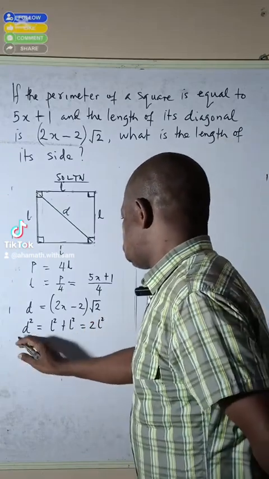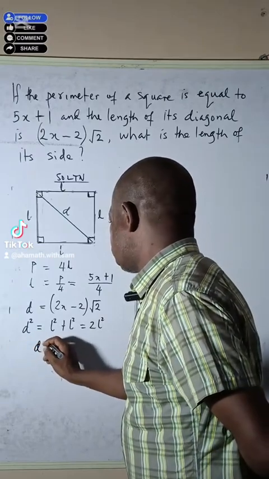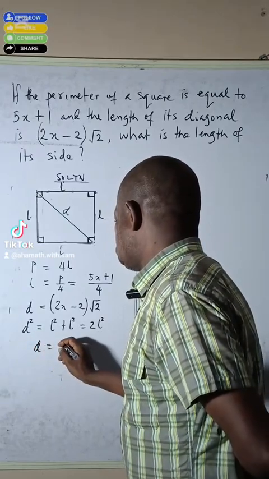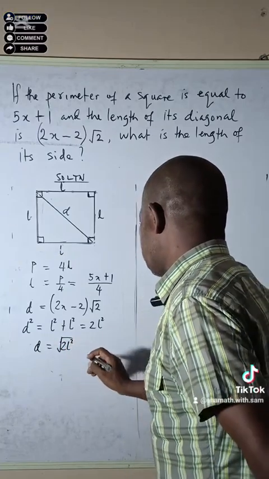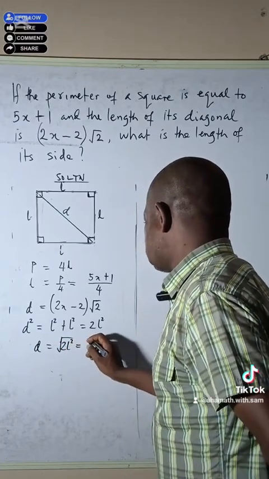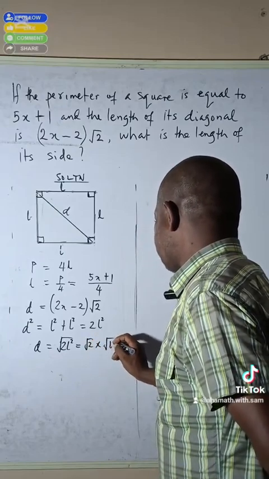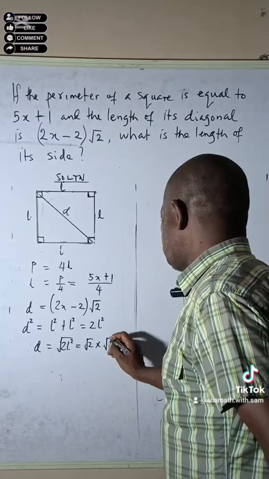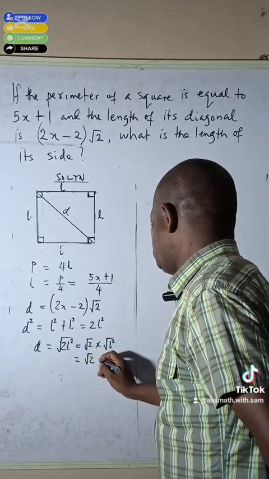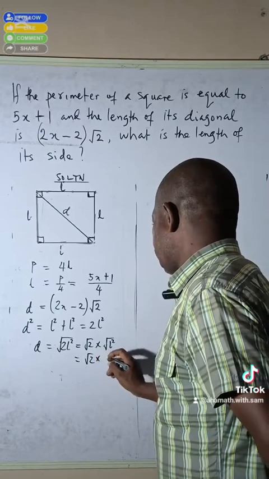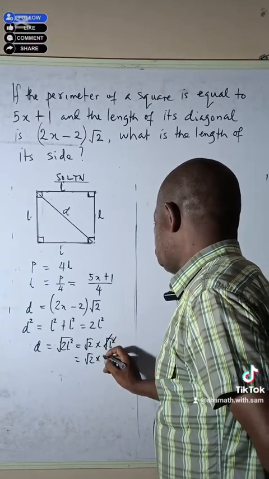Now, if we take the square root of both sides, we are going to arrive at D is equal to the square root of 2L squared, which is the same as the square root of 2 multiplied by the square root of L squared. Then this will give us root 2 multiplied by L, as the square sign cancels with the square root.